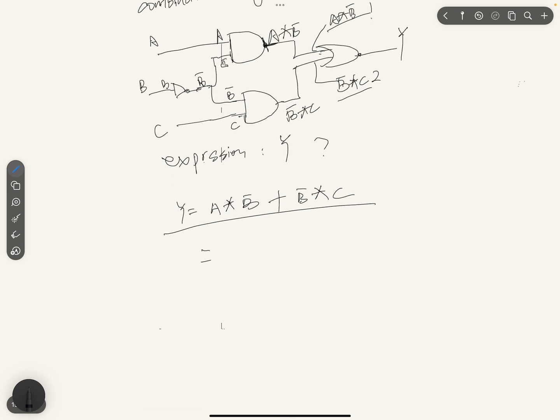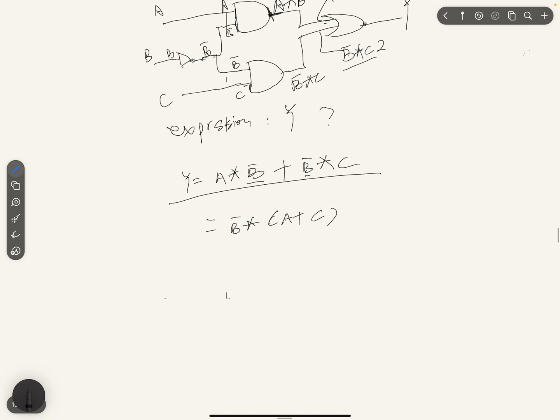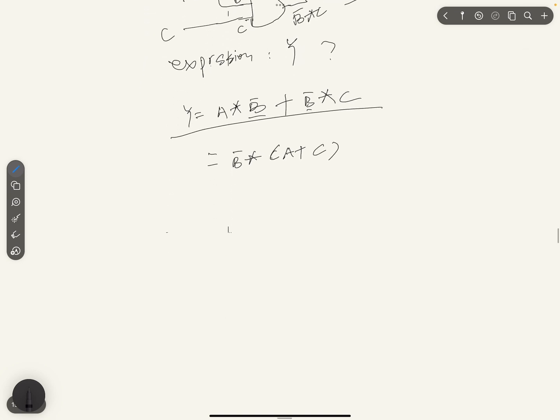If we want to simplify it, we can pull out the common factor, which is B bar times (A plus C). And for the truth table, we have something like this. We have 3 inputs, so the combination will be 2 to the 3, which is 8. So I say A, B, C, Y here.